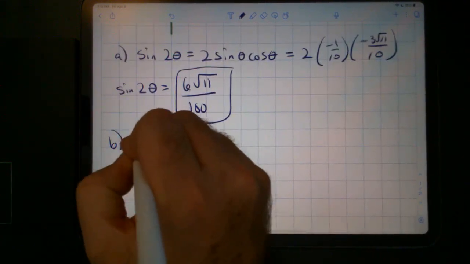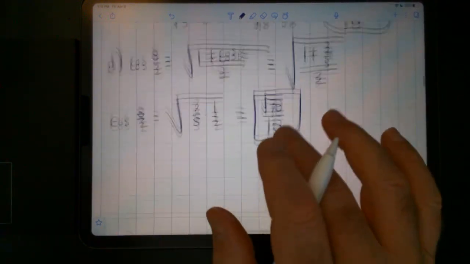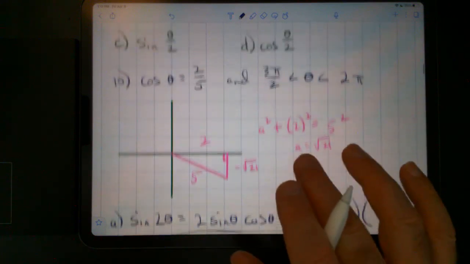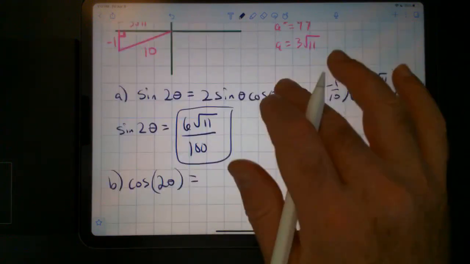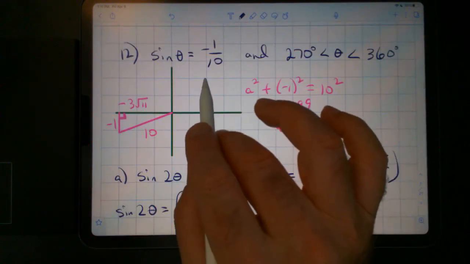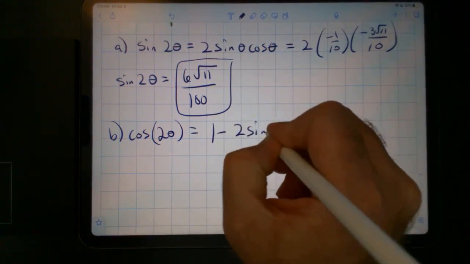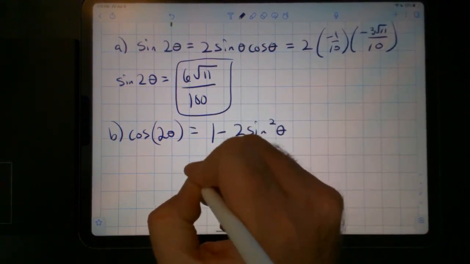Okay, I think the next one is cosine of 2 theta. Yes, cosine 2 theta. Since we're given sine, I'm going to go with 1 minus 2 sine squared theta.